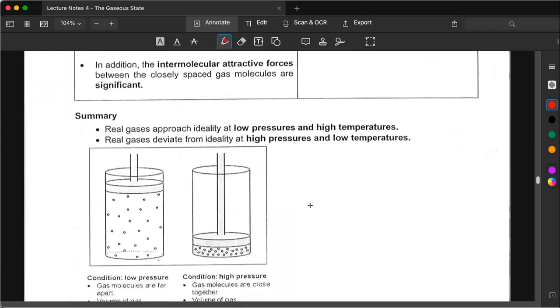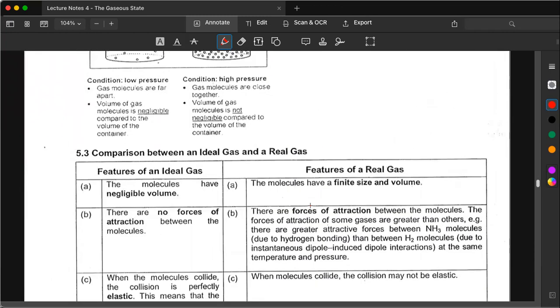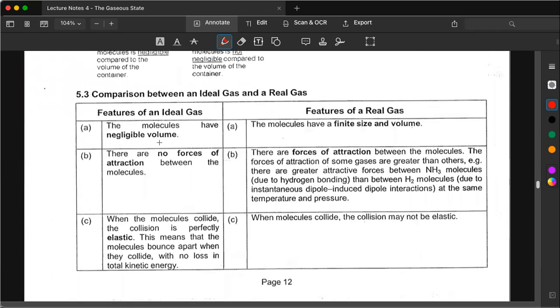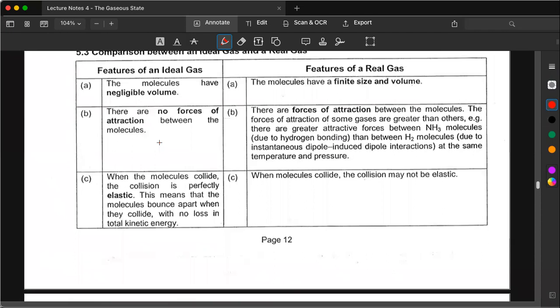So this is a summary of what we have covered. If you compare an ideal gas and a real gas, these are the differences. For an ideal gas, the molecules have negligible volume, while a real gas has a finite size and volume. In an ideal gas, there are no forces of attraction between molecules, but in a real gas, there are forces of attraction, and the forces of attraction of some gases are greater than others.